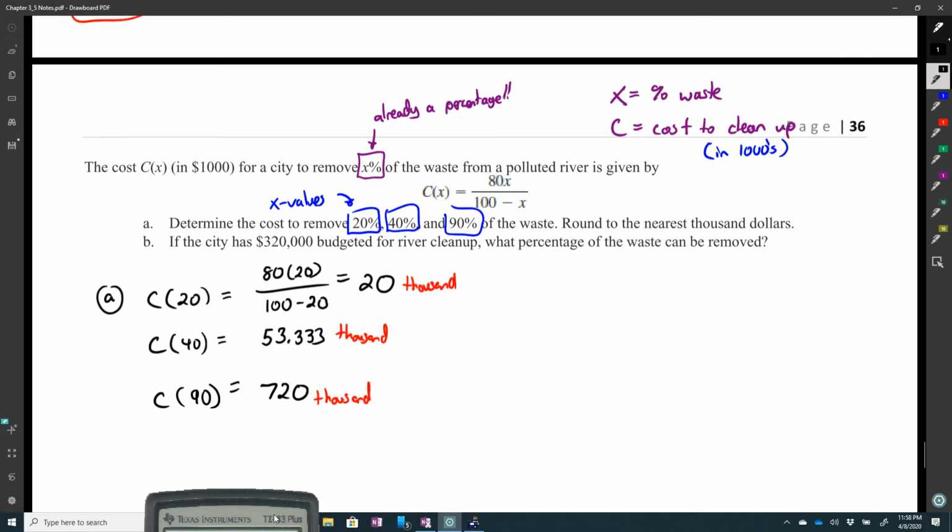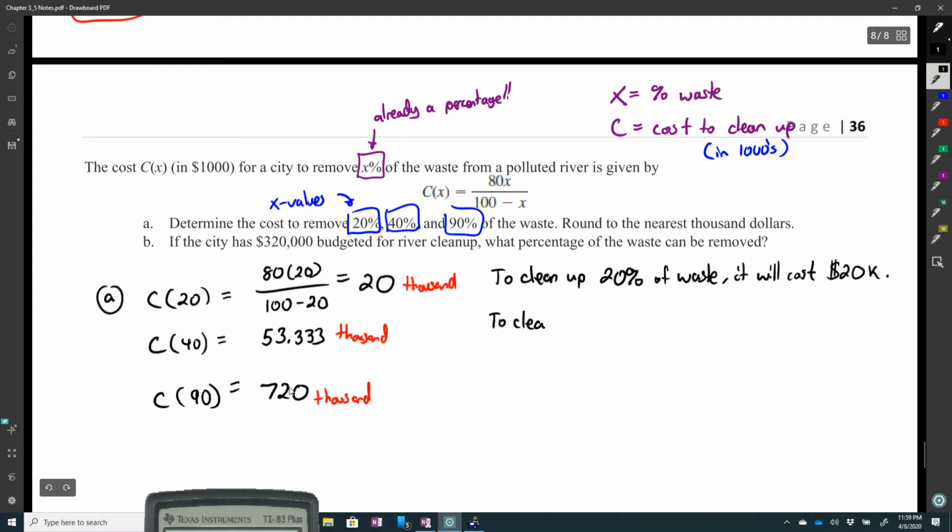So to write that as a sentence, to clean up 20% of the waste, it will cost $20,000. I'm going to put K for 20,000. Okay, and then again, I just repeat this.